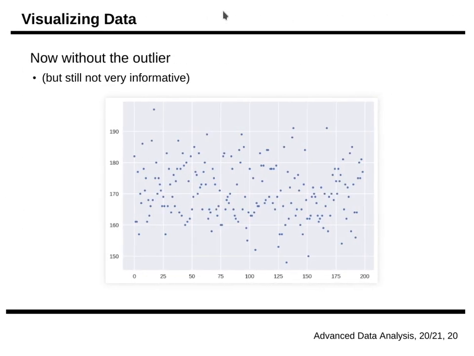Okay, so now looking without the outlier, we can do the plot again, but it's still not very informative. We see a cloud of points. We know that the height is varying more or less between 150 and nearly 2 meters here, but we don't have a very good idea of what the distribution is.